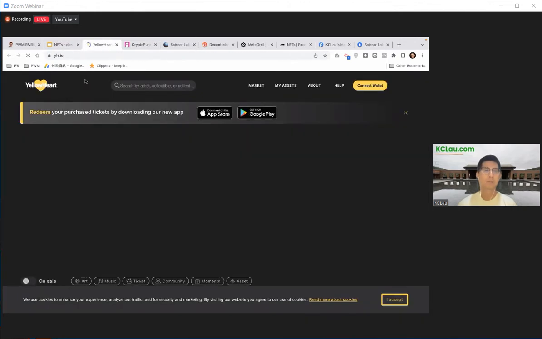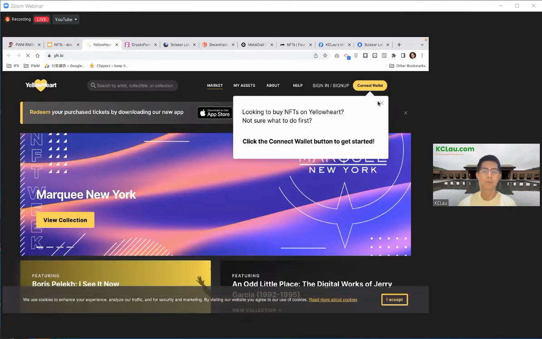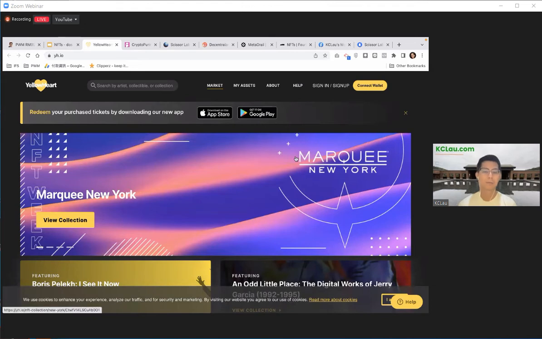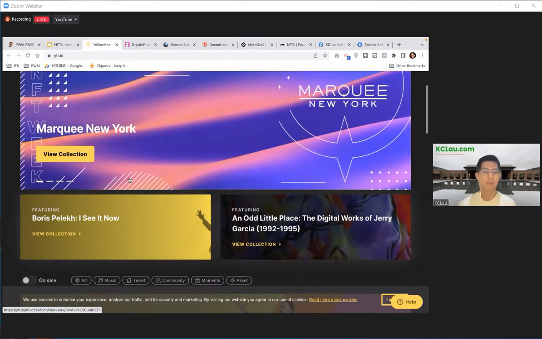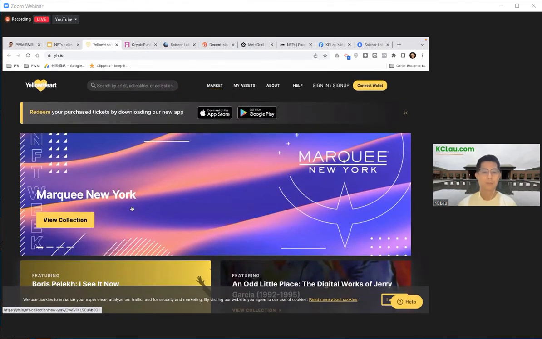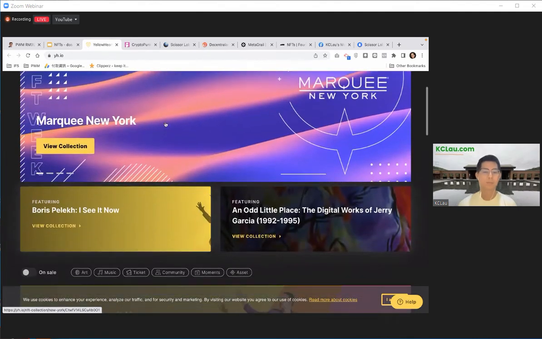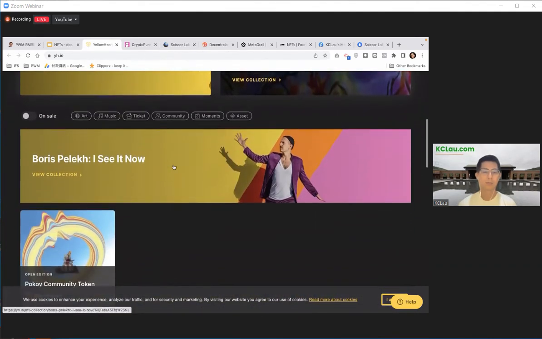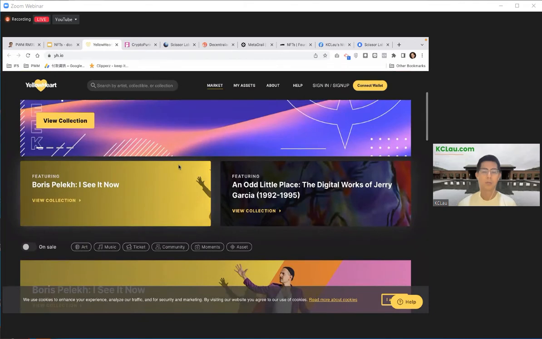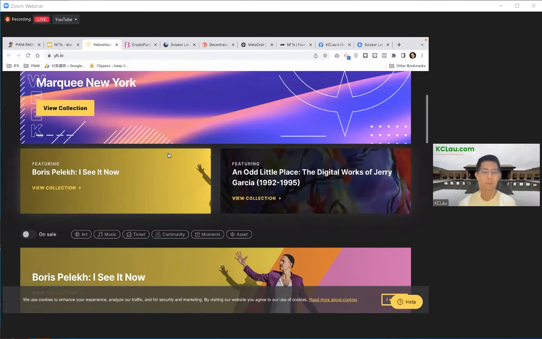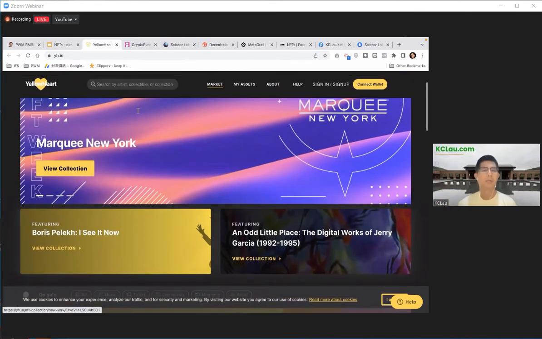Instead of giving physical tickets, people can buy, like this one is an electronic ticket, and if you buy a ticket, then you can actually go to a virtual gallery or something to view something virtually.